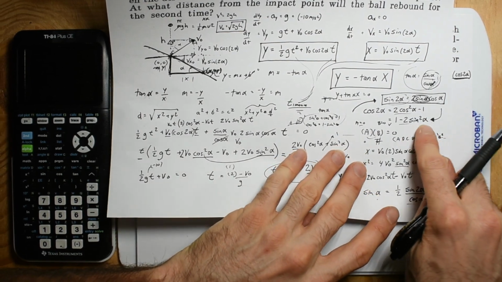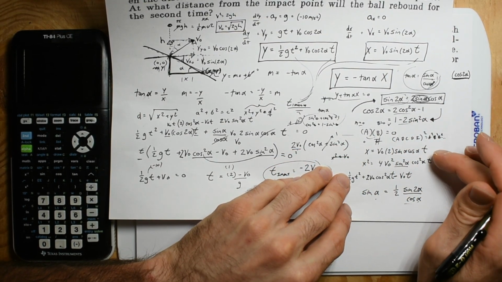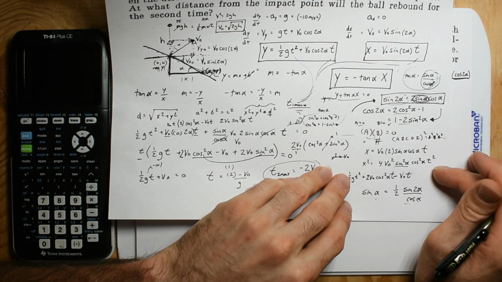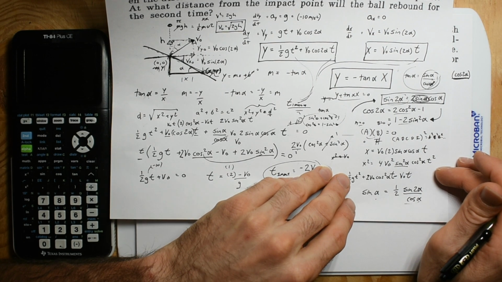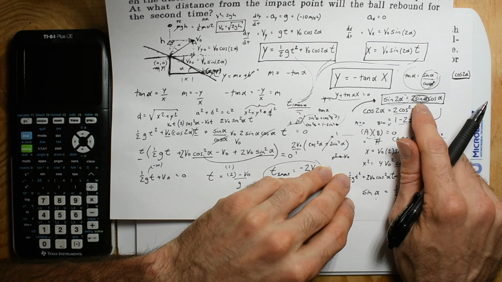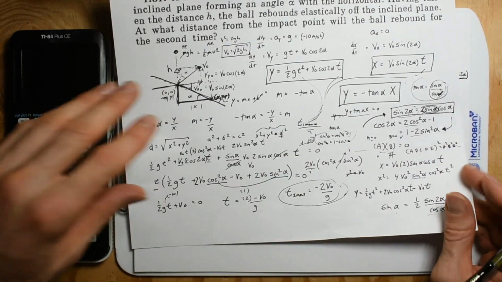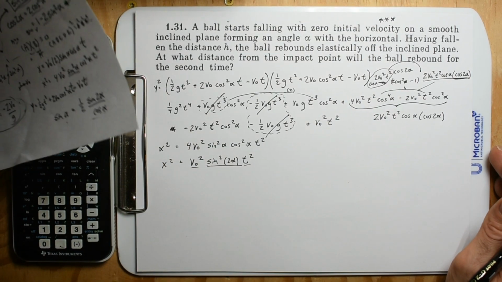No, see, this doesn't have a cosine alpha in it. Yeah, you can't do anything there. I'm sorry I did that. So now I just don't even know where to go.